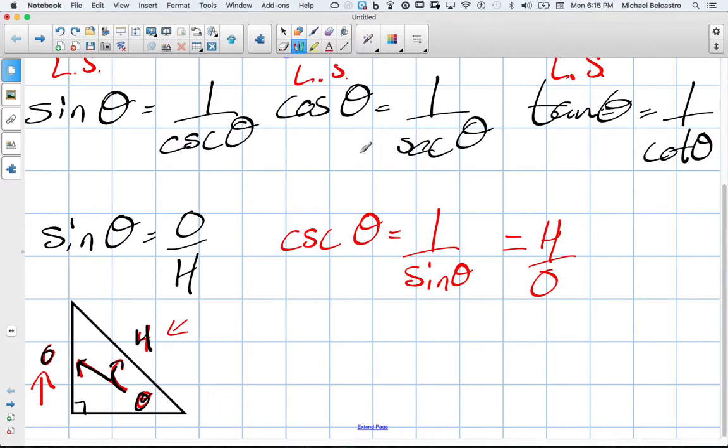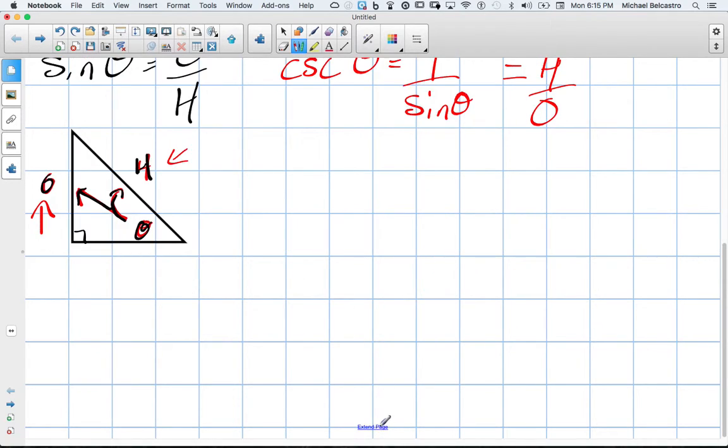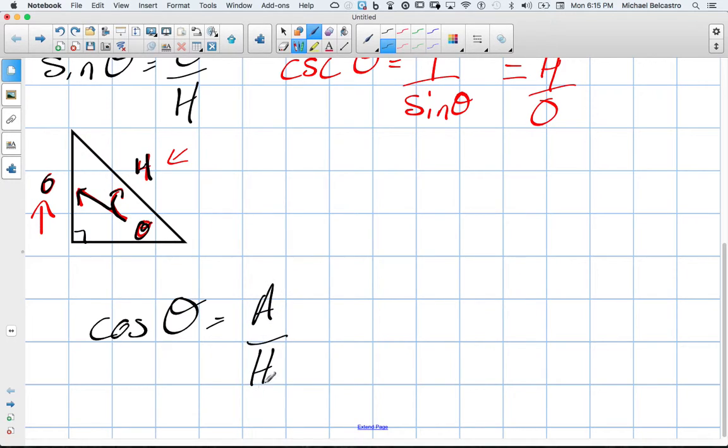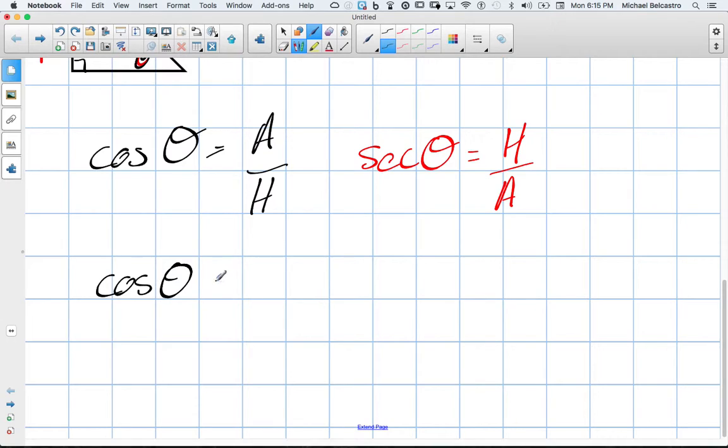With that being said, we'll build cos, secant, tan and cotangent. Cos theta as a primary trig ratio is the adjacent side over the hypotenuse, which means secant theta would be equal to the hypotenuse over the adjacent. It's just the inverse of the original one. To say they're equal to each other, you can write cos theta is equal to 1 over secant theta, or secant theta is equal to 1 over cos theta.